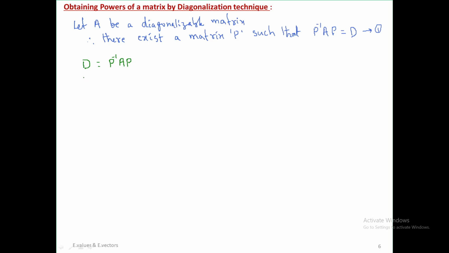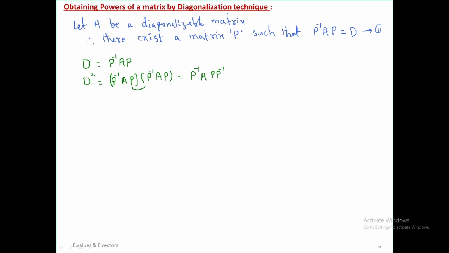Then next, how to compute D square? D square is nothing but D into D. D into D is nothing but P inverse A P, P inverse A P, multiplied again like this.